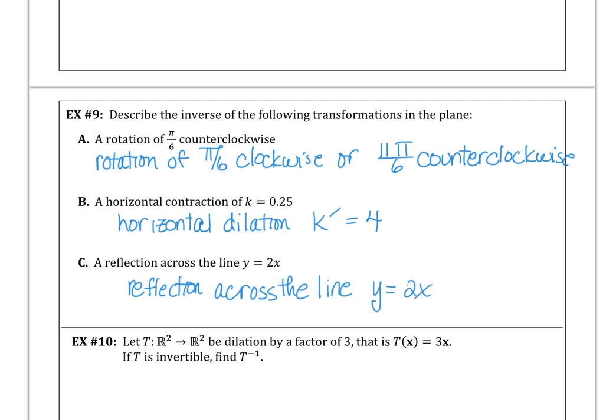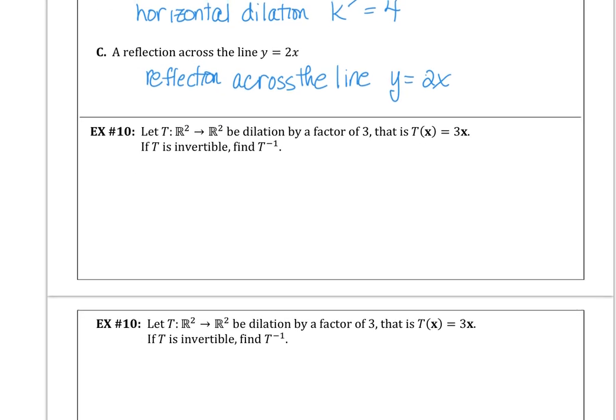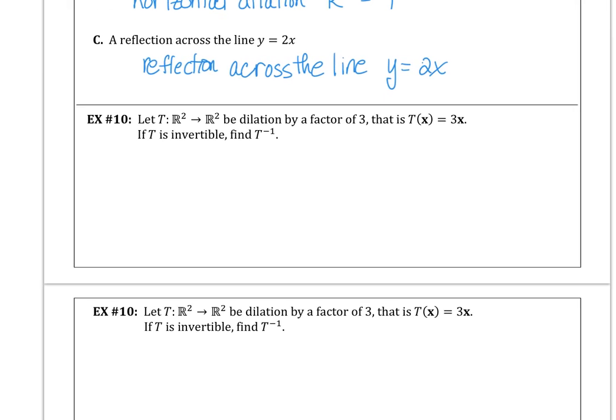Example 10. Let T go from R^2 to R^2 be a dilation by a factor of 3. That is, T of x is 3 times x. If T is invertible, we want to find T inverse. So that's telling us that our A matrix is [3, 0; 0, 3], because we have that dilation on the identity matrix.